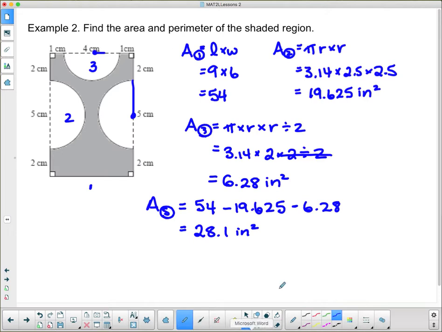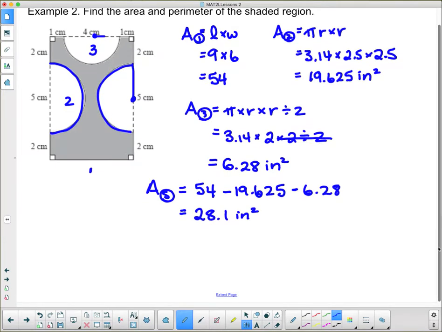Now we have to find this circle. So we're going to find this first. Remember that circumference, which is pi times diameter. So when we're finding the perimeter, let's call this P1, and that'll be for those two things, and we'll call this P2, and then we'll add up all of these other little pieces.